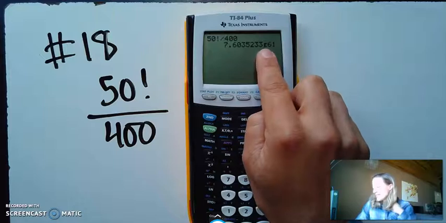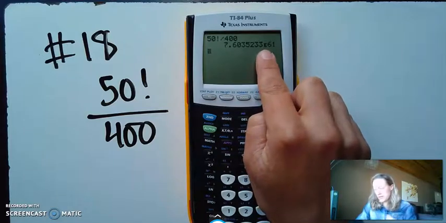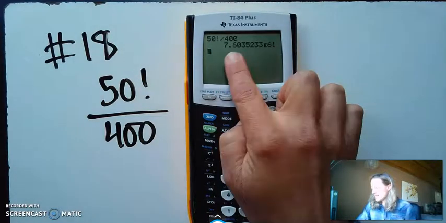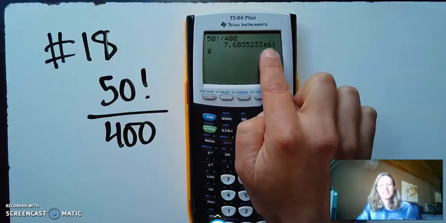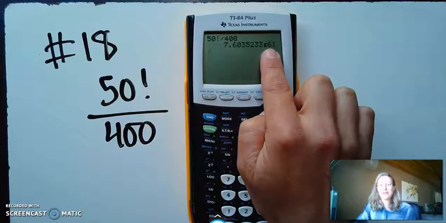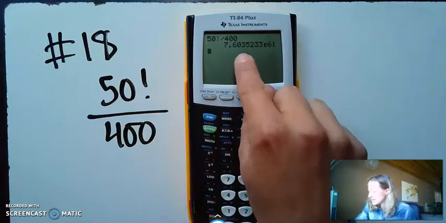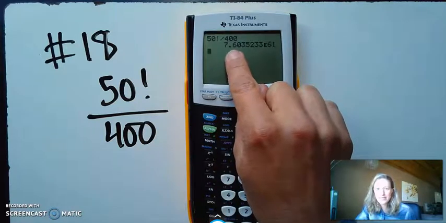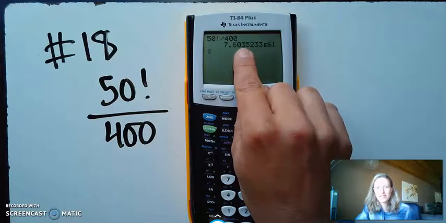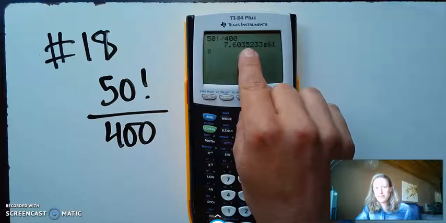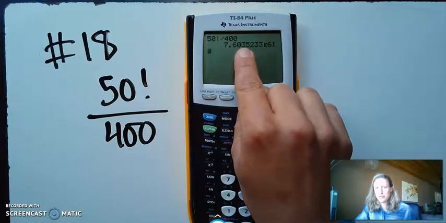And so instead of E, that's calculator speak, we can write it as 7.6 blah, blah, blah, they'll tell us how to round, times 10 to the power of 61. And in the directions, they say round to 3 decimal places. So we have 0.60 something. So either that 5 will make the 3 stay the same, or it'll go up. And since it's a 5 or bigger, that bumps the 3 up to a 4.